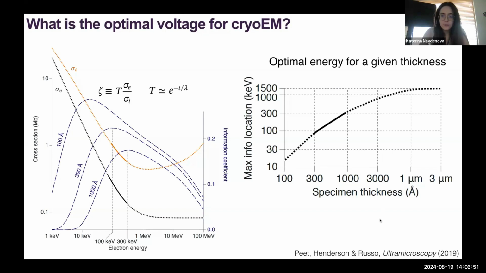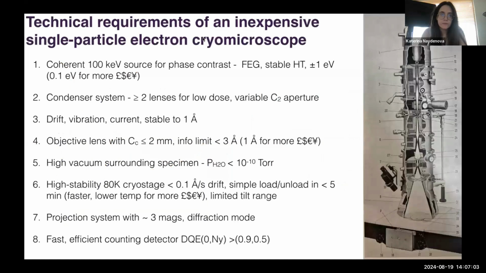Based on this work that we did now more than 5 years ago, we wanted to actually demonstrate this with the real biological specimens. Turns out to demonstrate it, we need to construct the appropriate microscope that operates at this low voltage, but also satisfies all the other requirements for a TEM used for biology.